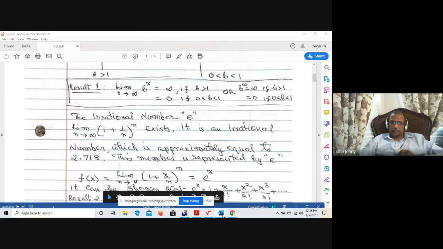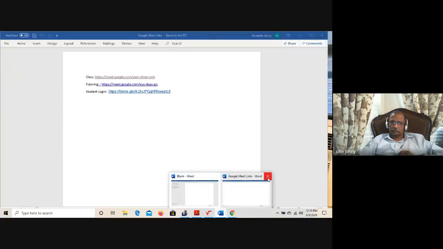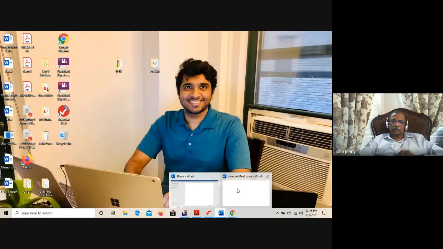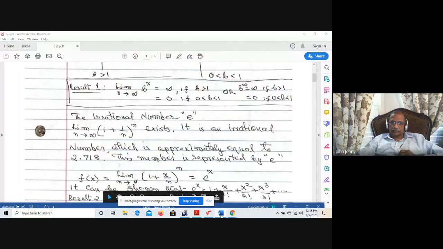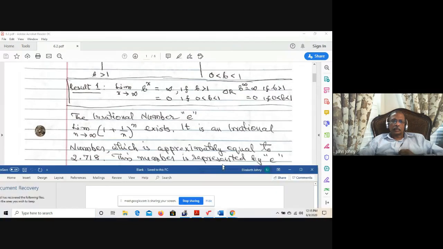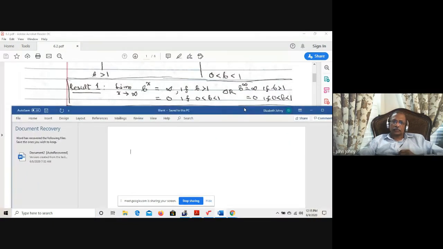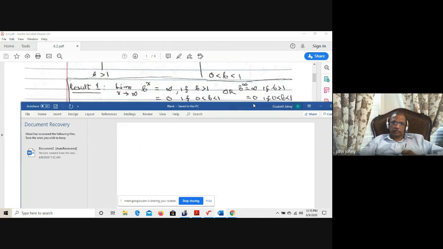First result is limit as x approaches infinity, b to the power of x is equal to infinity, or in other words, b to the power of infinity is equal to infinity.